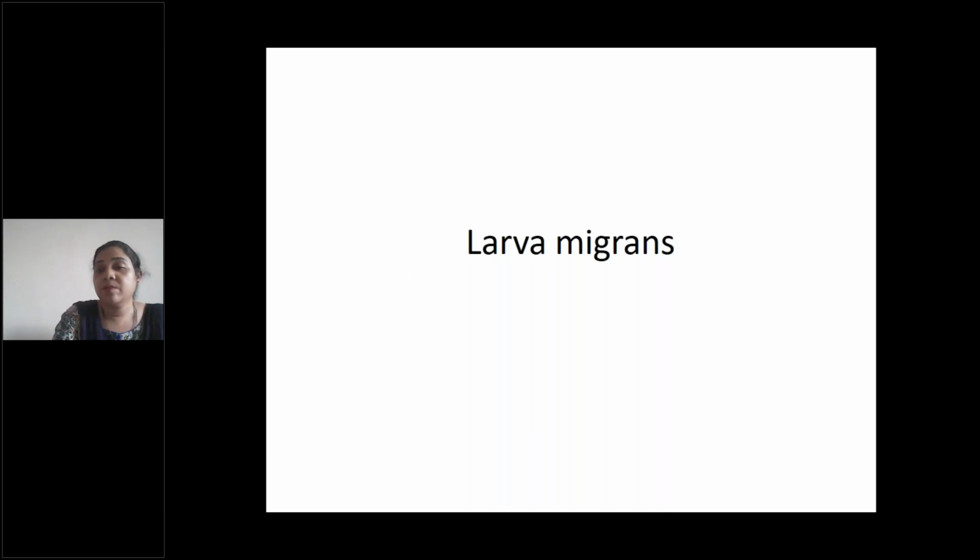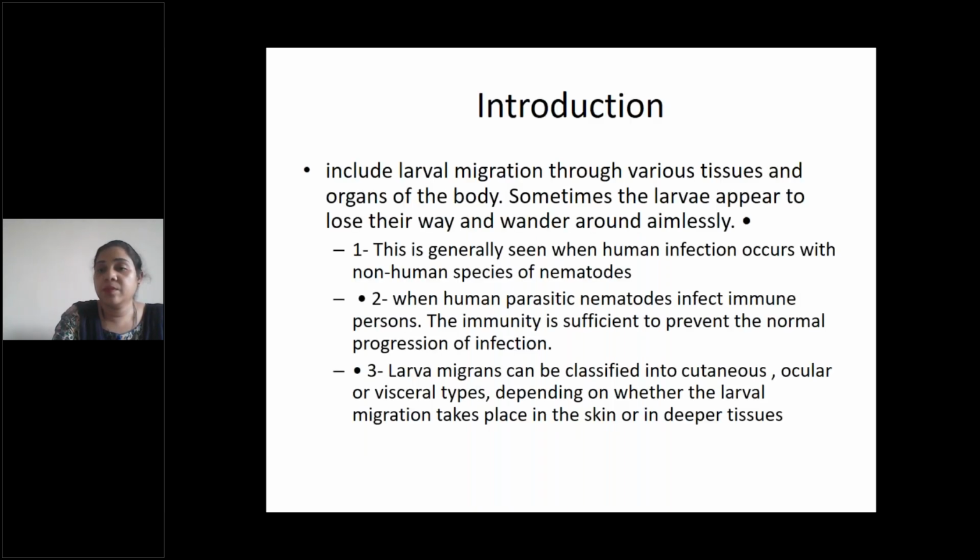Larva migrans. This is a 4 marks question. What is this larva migrans? It includes larval migration to various tissues and organs of the body. When the larva loses its way and wanders aimlessly, it is called larva migrans.